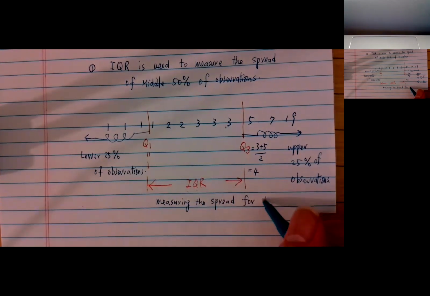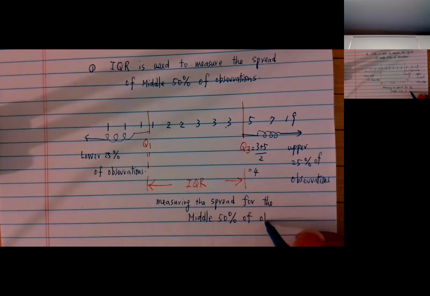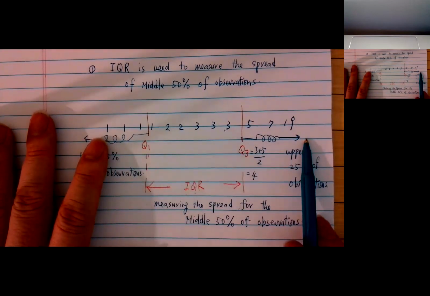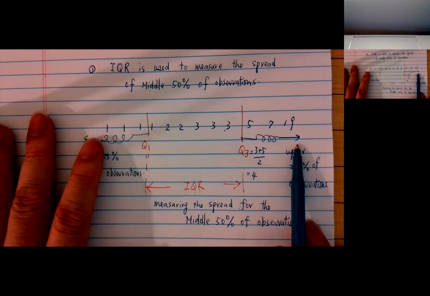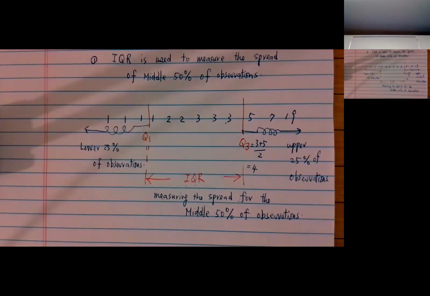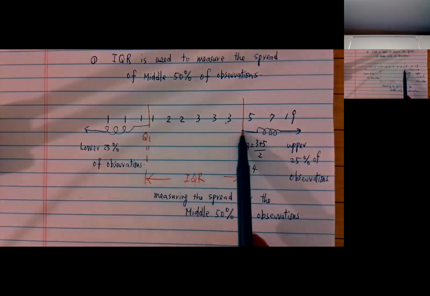IQR measures the spread for the middle 50% of observations. Unlike range, which measures from here to here, 100% of observations, the spread of all observations. But interquartile range only measures what? The middle 50%, okay?